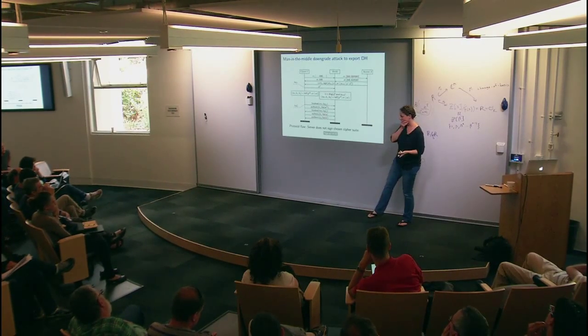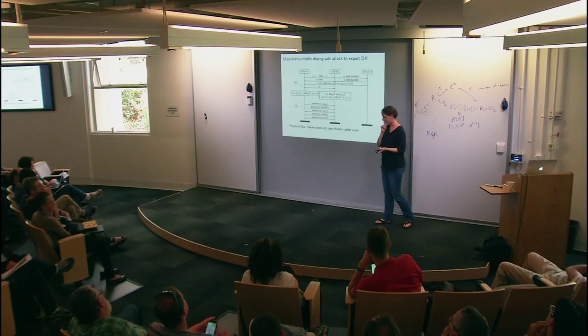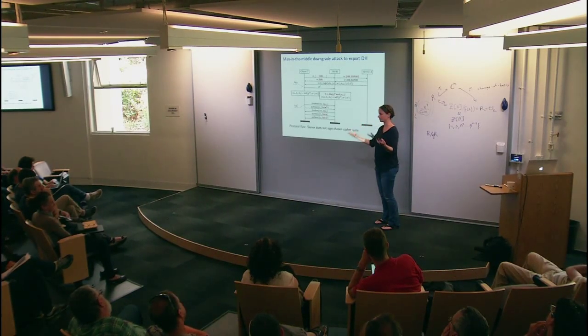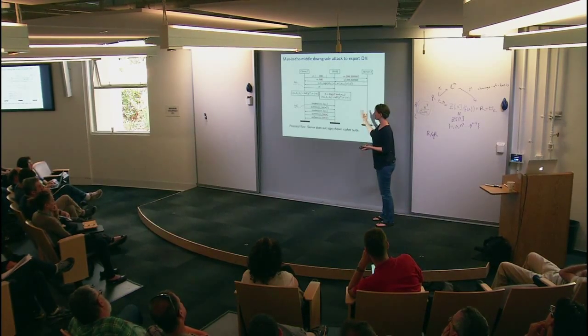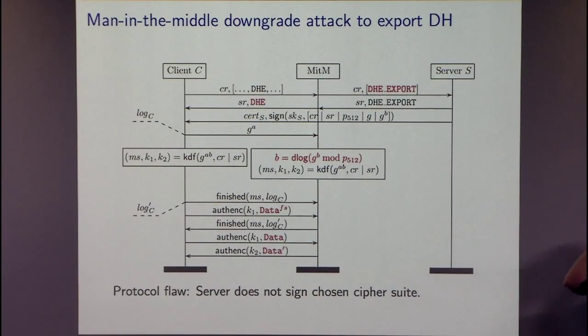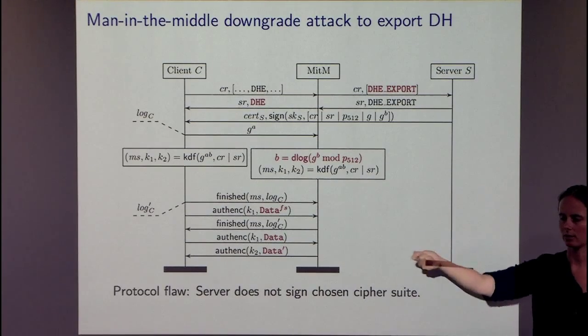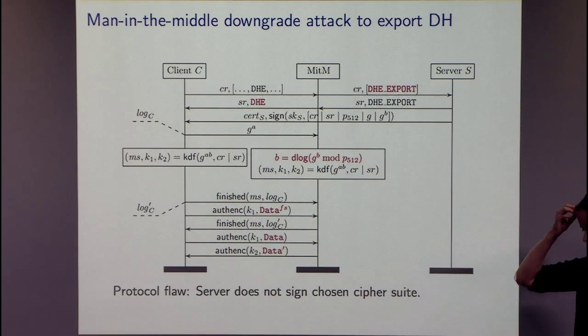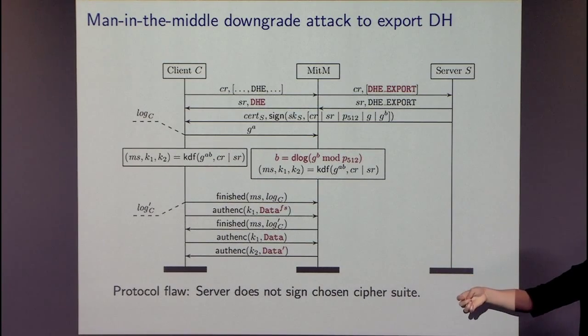So then you could say, well, what happens with Diffie-Hellman? Well, if you think that 512-bit Diffie-Hellman has the same amount of security as a 512-bit RSA key exchange, then unlike generating ephemeral export RSA keys, servers actually do generate a new ephemeral export Diffie-Hellman exchange every time they get a connection.